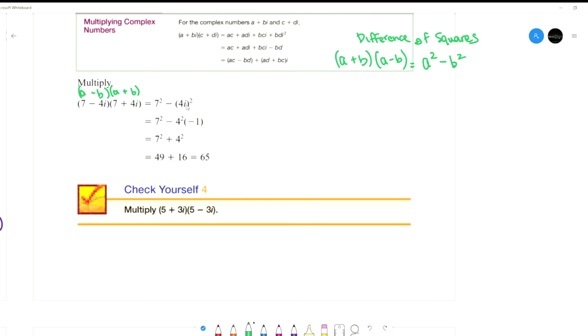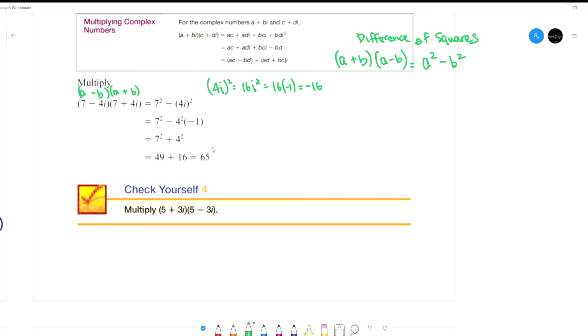So what's 4i squared? That's 16i squared, which is then equal to 16 times negative 1. So that's just negative 16. So anytime there's an i squared, the easy thing to do is just reverse the sign of this number. So this 16i squared would just be negative 16.